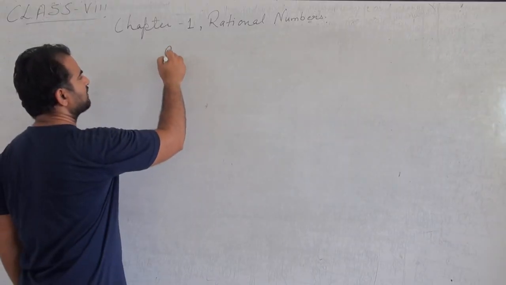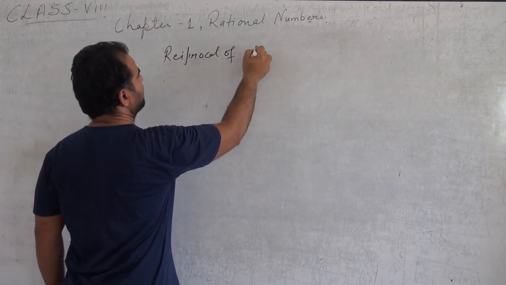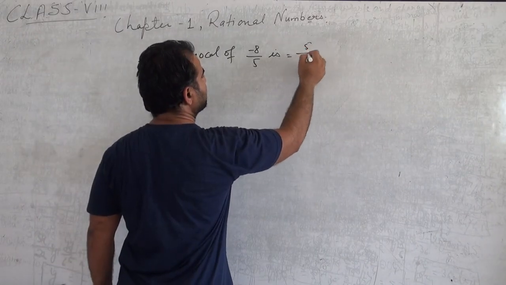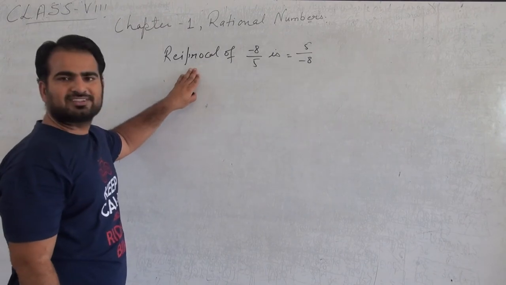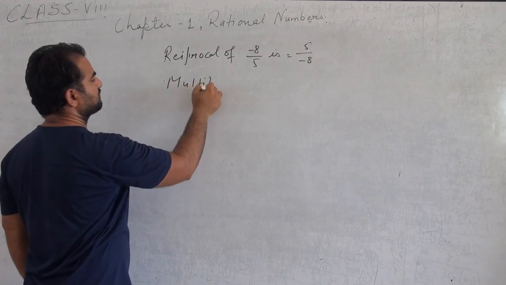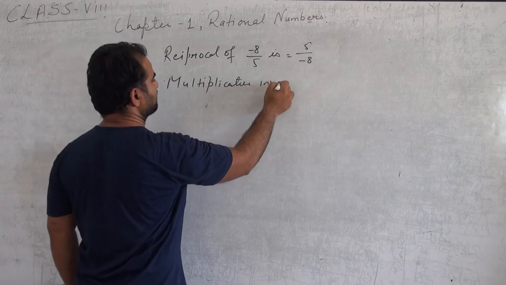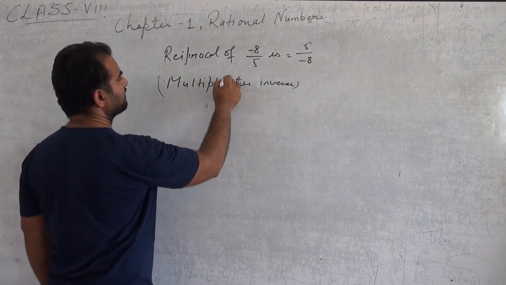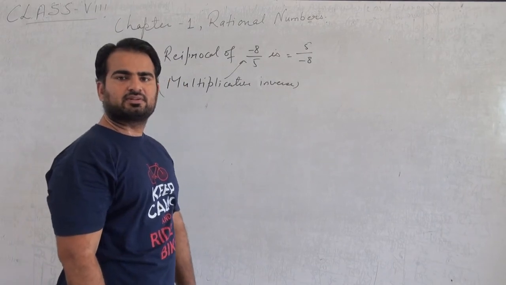The reciprocal of minus 8 by 5 will be 5 by minus 8. Okay. So what do we call it? Reciprocal. It is also known as the multiplicative inverse. So the multiplicative inverse of minus 8 by 5 is 5 by minus 8.